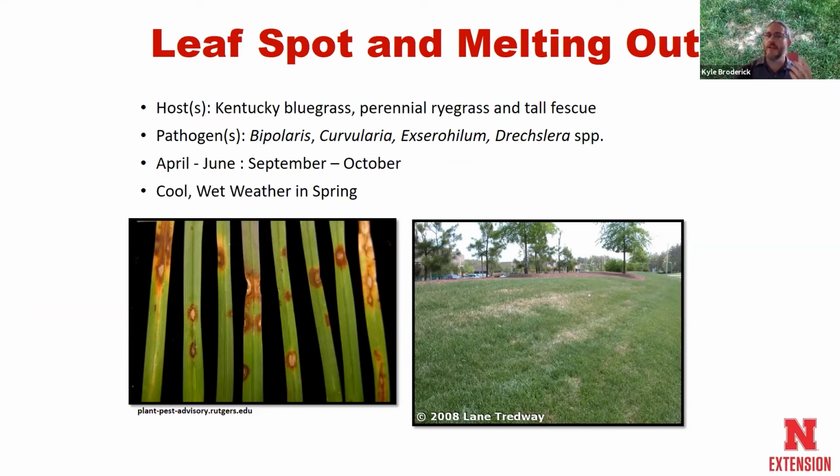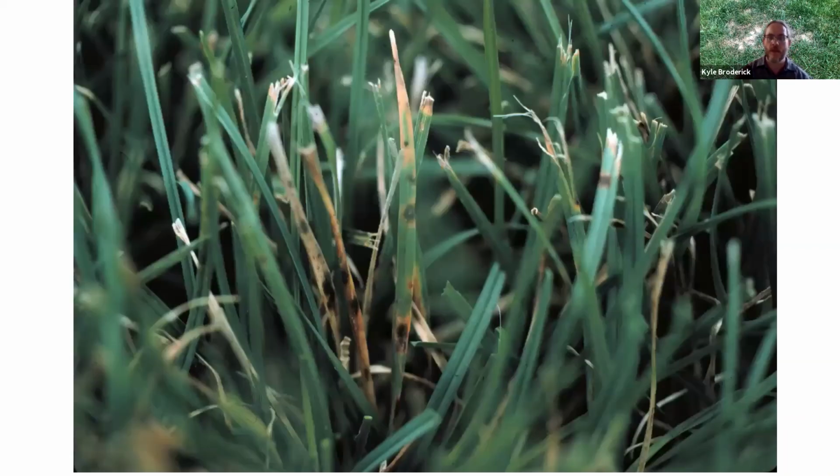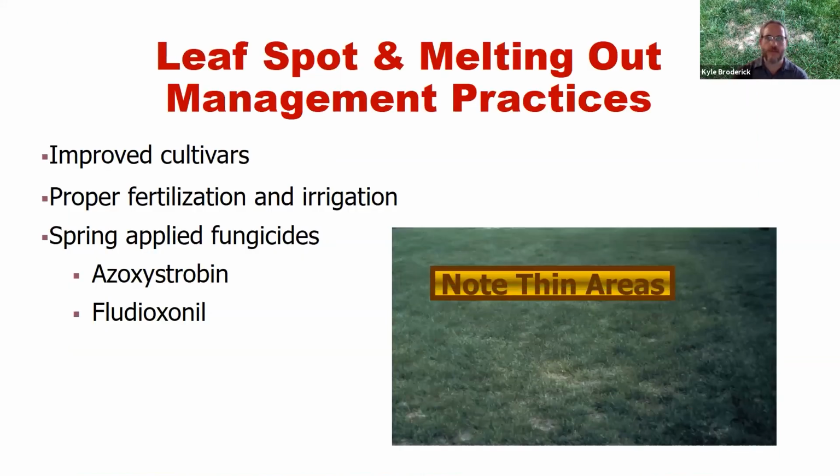We often see leaf spot and melting out in April through June, and then we tend to see a recurrence of it in September through October, because this one tends to be favored by cooler, wet weather. We don't see it nearly as much in the middle of summer when it's really hot. Here we have another good picture of just some of those leaf spots.